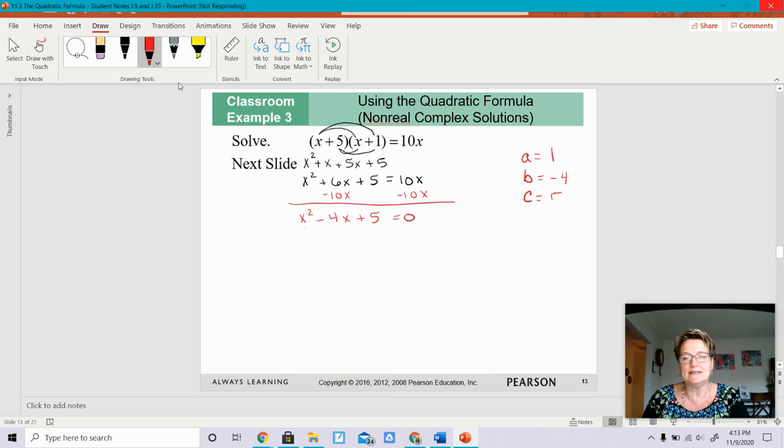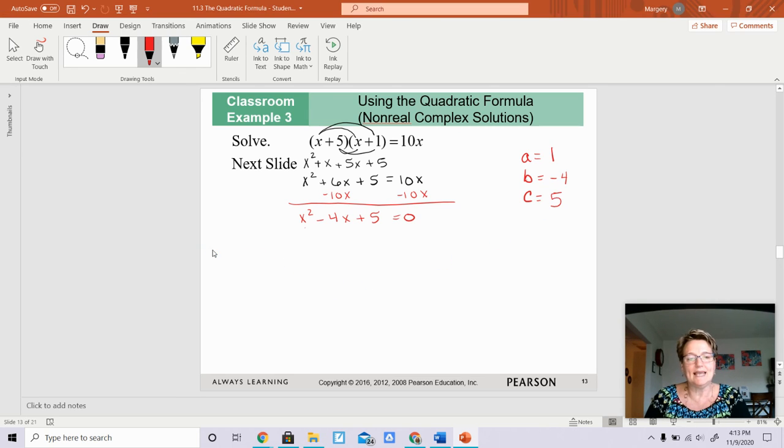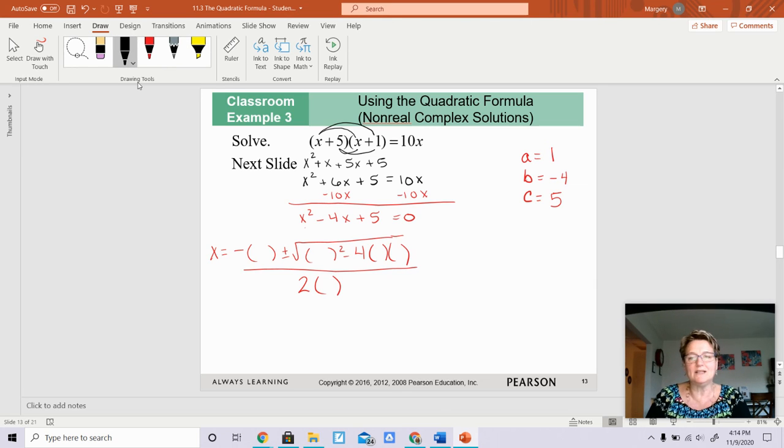Your c is 5. So once again, you use that same formula. The formula is negative b plus or minus the square root of b squared minus 4ac, all over 2a. All you're doing is plug and chugging now.